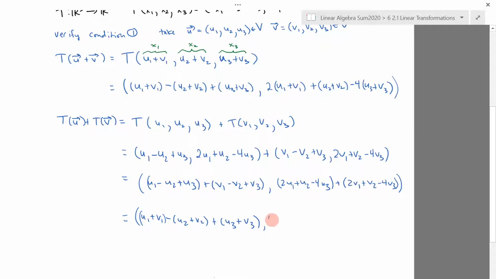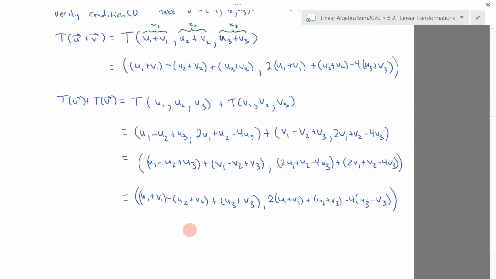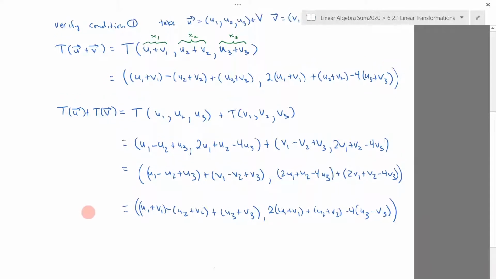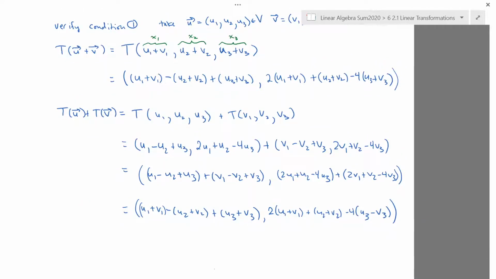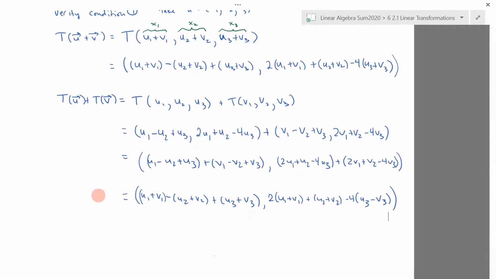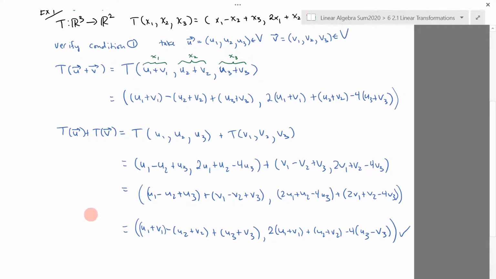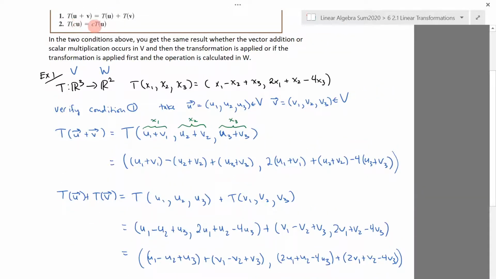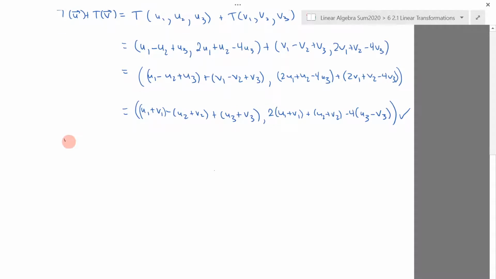Then these two terms go together, so 2 times u1 plus v1 plus u2 plus v2 minus 4 times u3 plus v3. Okay, and then you can see that this is exactly the same as this, so condition 1 is satisfied. Okay, so now we verify condition 2, which is the same thing for scalar multiplication.